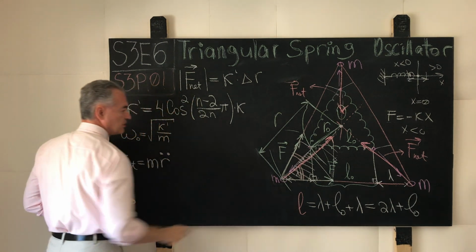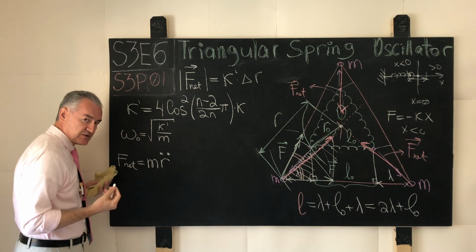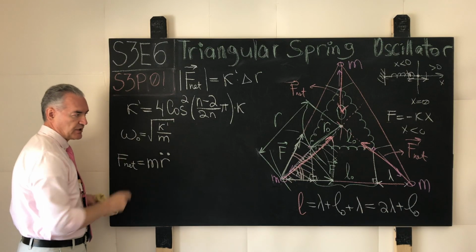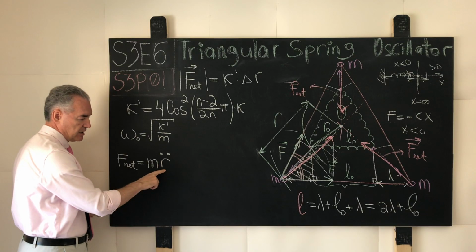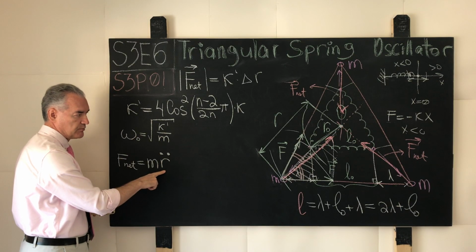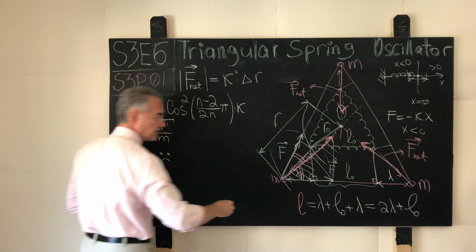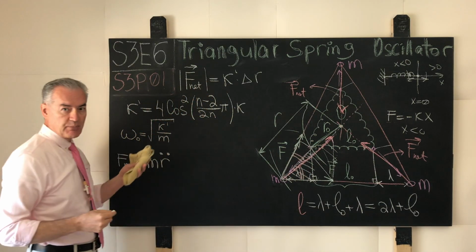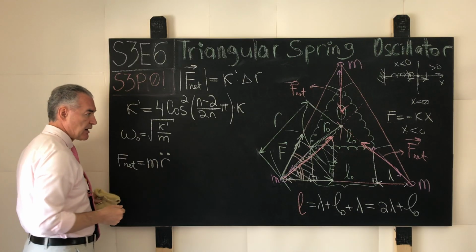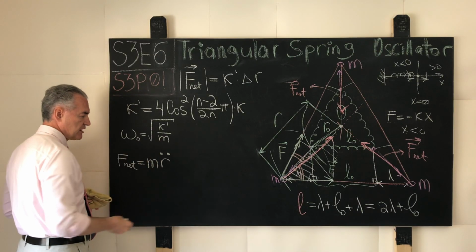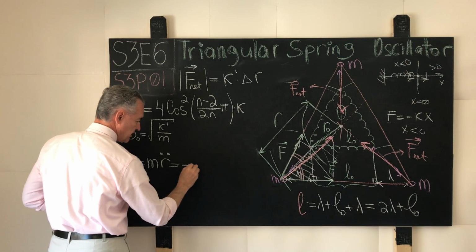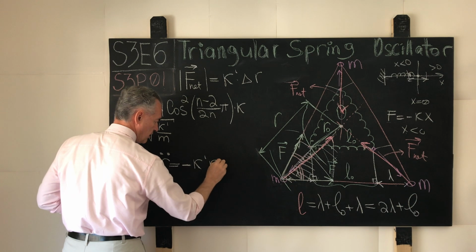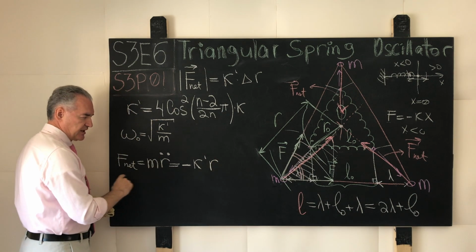We describe it in terms of some material that we can act on. If you do not like R, use X or any other letter, it doesn't really matter. I personally prefer R because it reflects the fact that the motion is radial, along a radius of the circumcircle of the parent regular polygon or equilateral triangle, and this will be precisely minus K prime R. This is the equation.